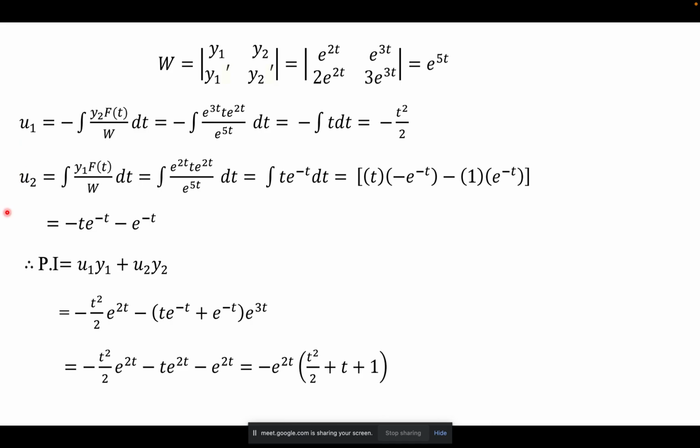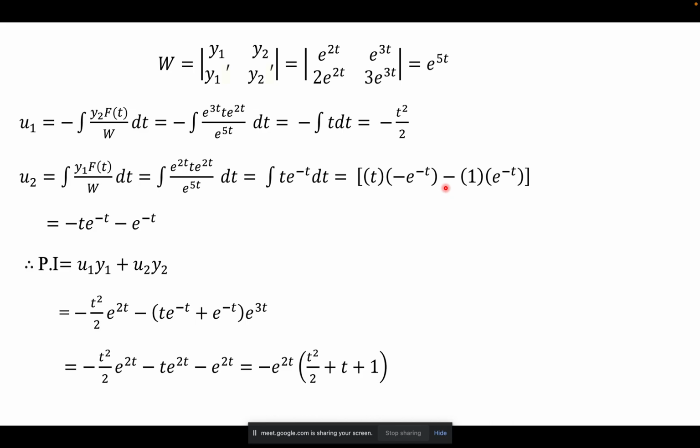Similarly the value of u2 can be calculated. The value of u2 is y1 times f(t) upon W times dt. The value of y1 is e^(2t), and f(t) is t times e^(2t), and in the denominator you have e^(5t). Again comparing the powers of the exponential, you have t times e^(minus t) dt, and now you apply integration by parts, taking the first function as t and the second function as e^(minus t).